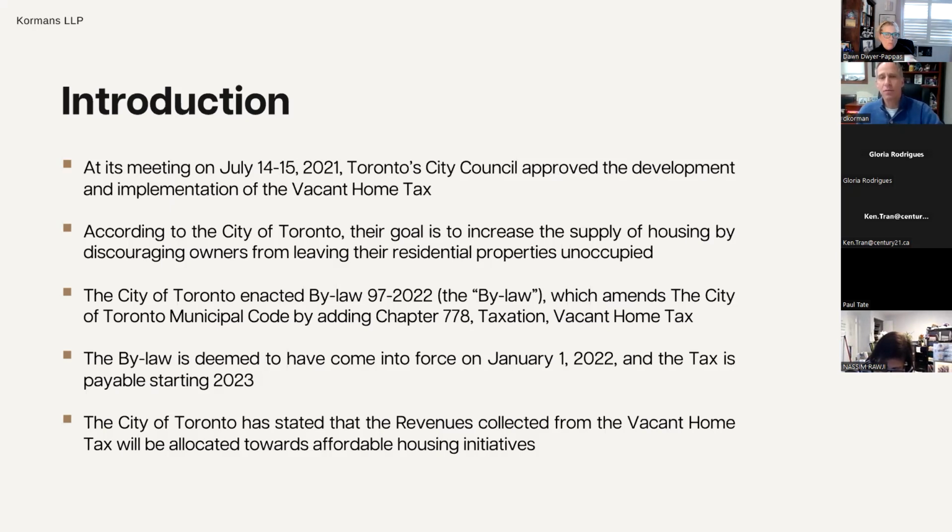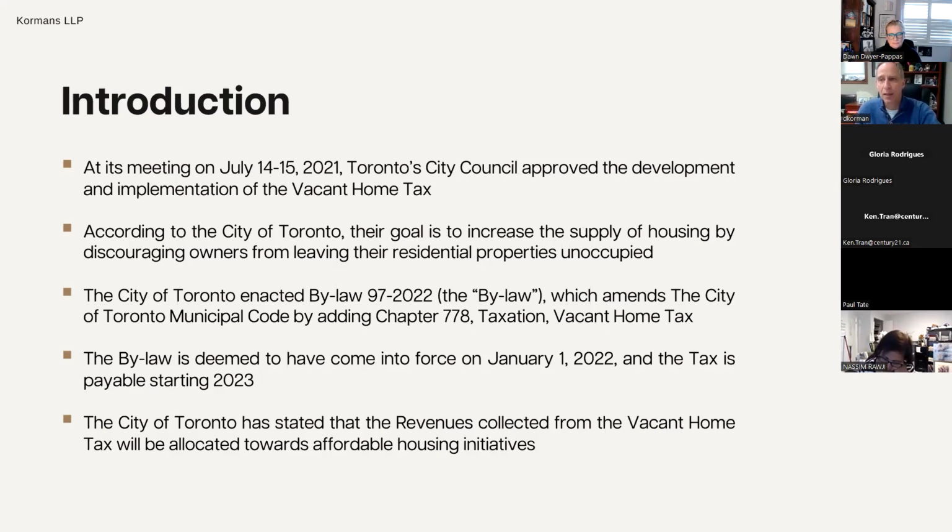It came into effect a year ago, so it's really effective for the calendar year 2022, but you start paying in 2023. So we're going through a process now where they're going to collect a tax from anybody that had a vacant home in 2022. They've got to make this payment in 2023 for the tax from the prior year, and that's the way it's going to be going forward.